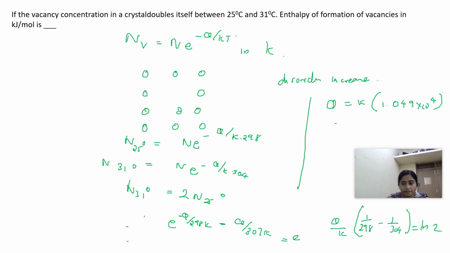Then substitute the k value, in electron volt, 8.62 into 10 to the power minus 5, into the above term, then finally you will get 87 kilojoule per mole. So everyone please try it.